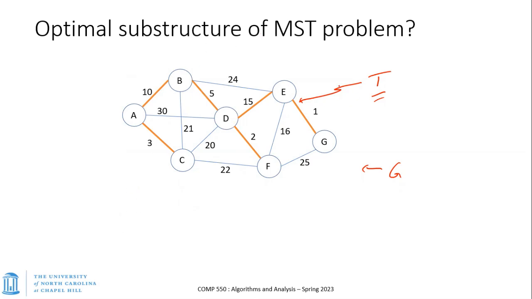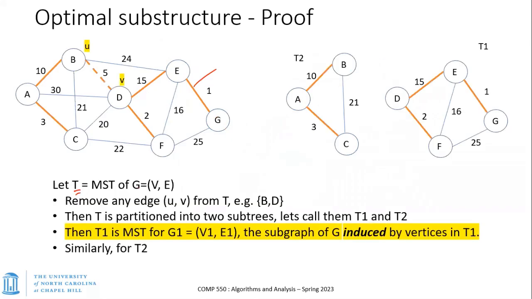The shaded tan was the original T, and we're going to cut out an edge from T. So this particular edge, which is part of the original T, has now been cut out.